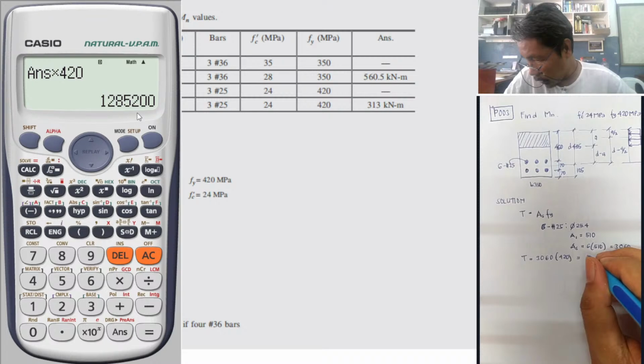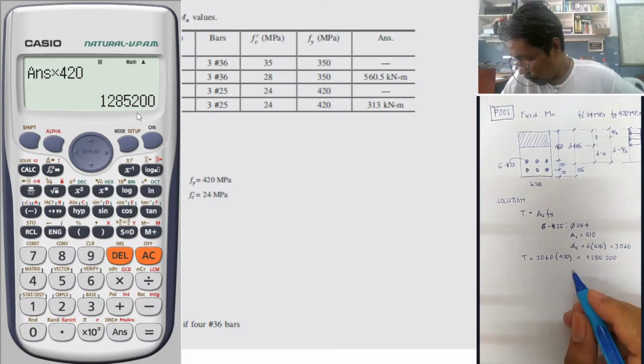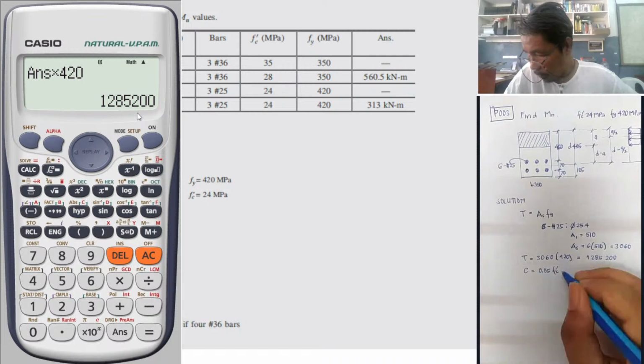What about the value of C? Compressive force, that is 0.85 FC prime multiplied by AB.